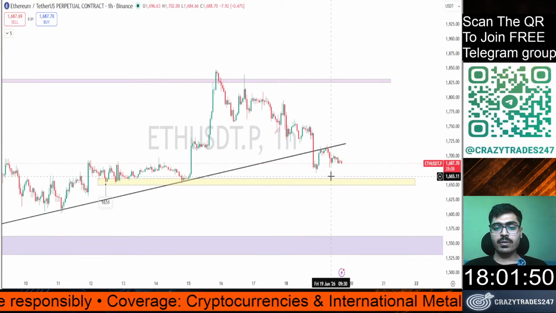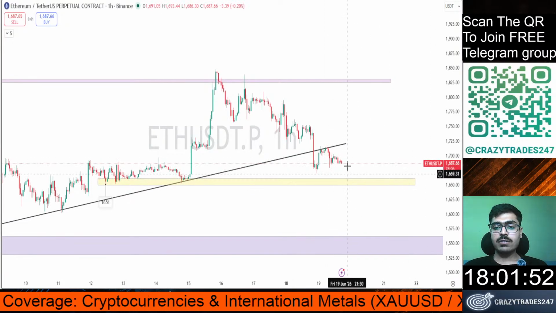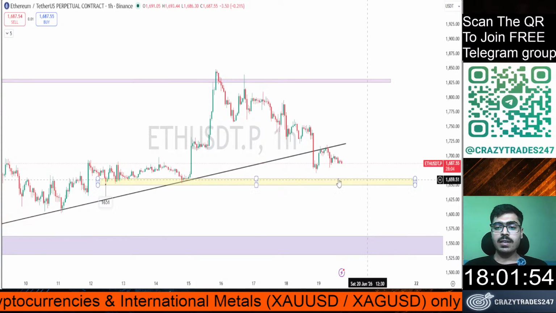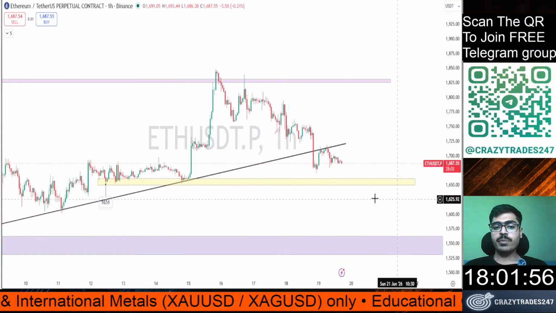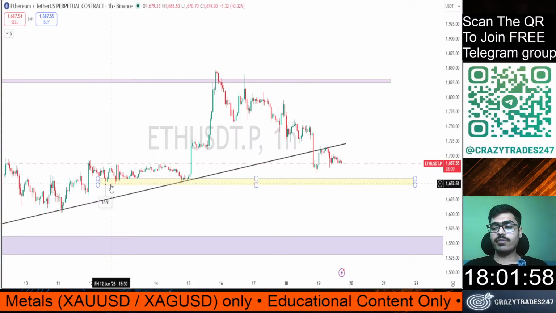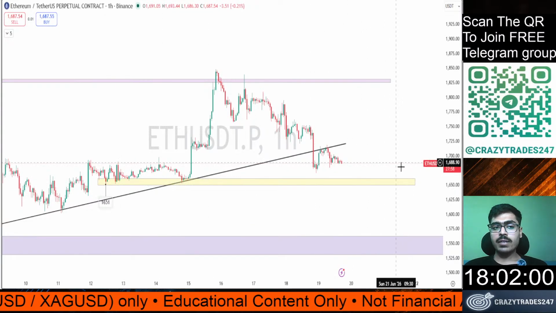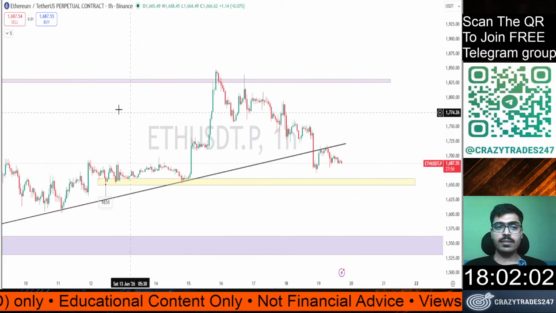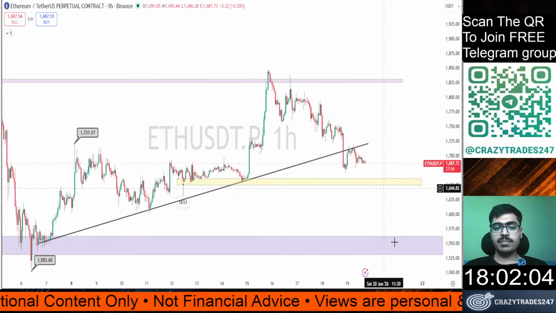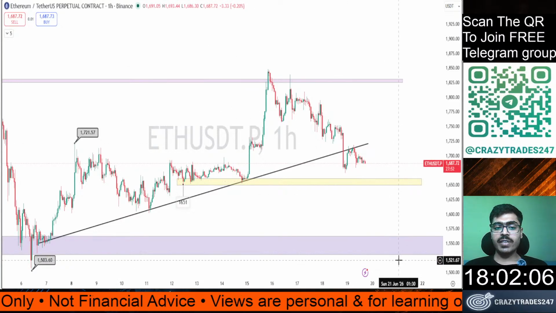Given Ethereum takes time to consolidate here for some more time, after consolidation, if it gives breakout below this level of 1650, then it would be a good entry point for a short trade. And we can expect a target till this level of 1500 at least.